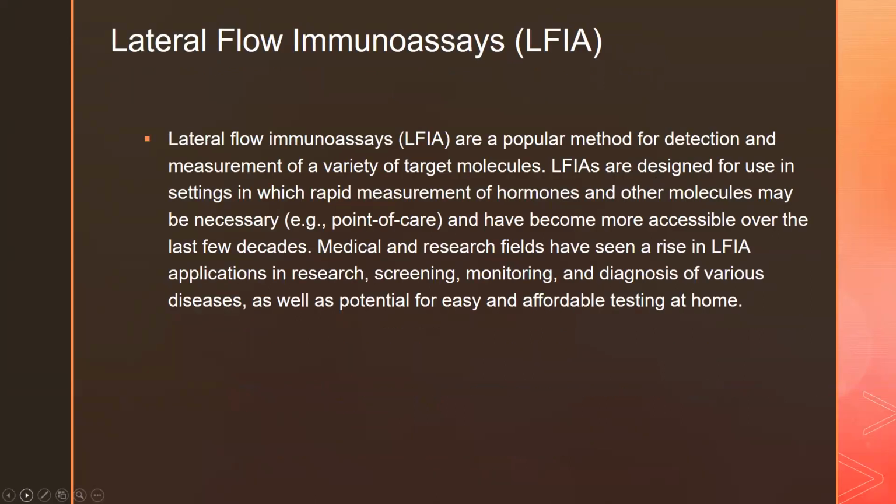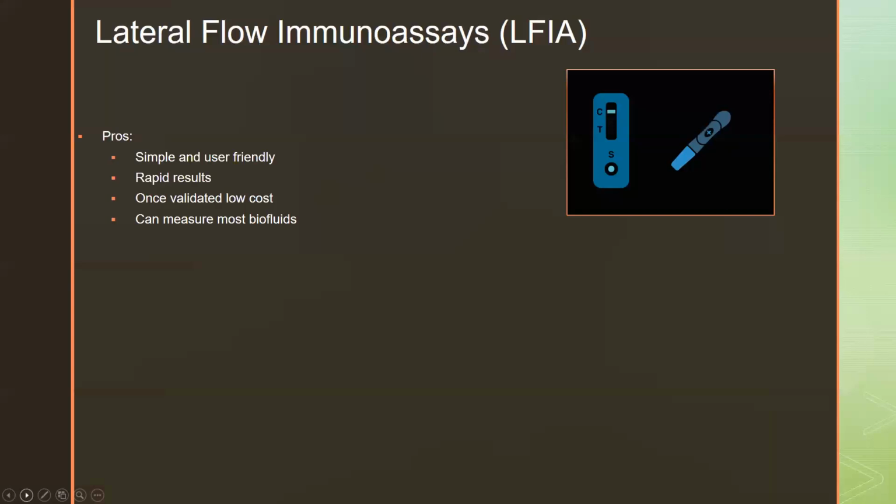We also have lateral flow immunoassays, which is a popular method for detecting a measurable amount of the target molecule. These are pretty awesome because we're all familiar with these. All of us have probably taken a COVID test, and if we haven't, we're at least familiar with how a pregnancy test works. That's lateral flow technology. Simple, very user-friendly.